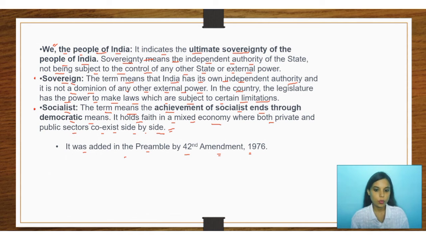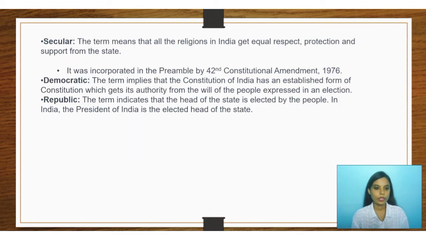So you need to mention when it was added and what its objective is. You have other terms in the preamble like secular. The term means that all the religions in India get equal respect, protection and support from the state. The term secular was incorporated by the 42nd Constitutional Amendment of 1976.